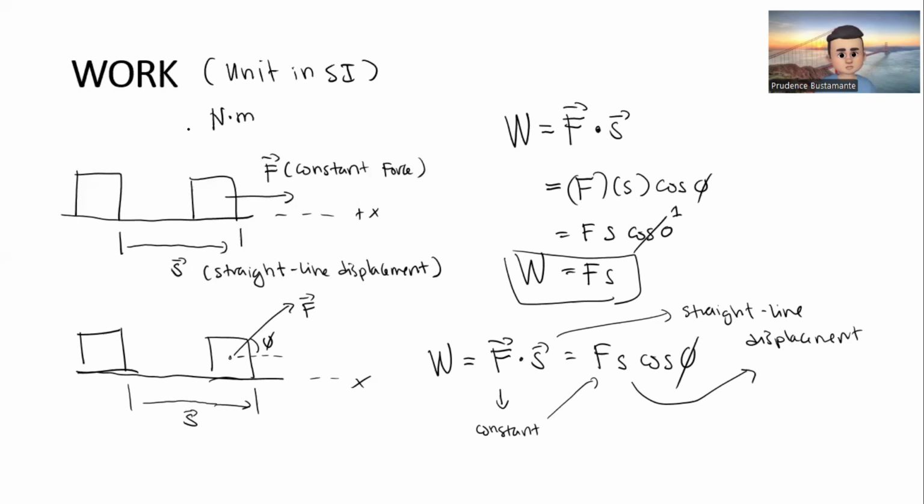So 1 Newton meter is equal to 1, okay, we call this one J, or 1 joule. So the unit of work is joule. Okay. So this is a scalar. Work is a scalar quantity. It has no direction, only magnitude.